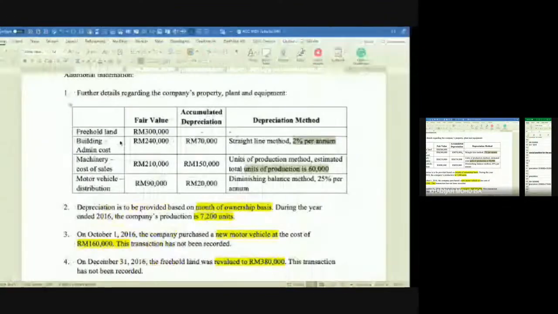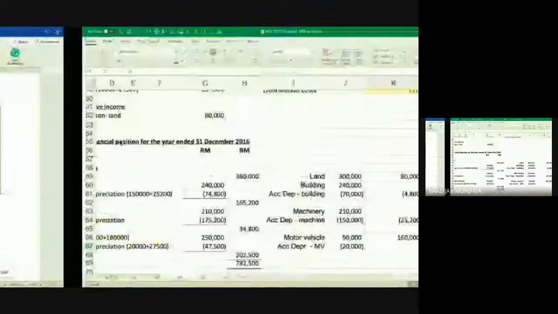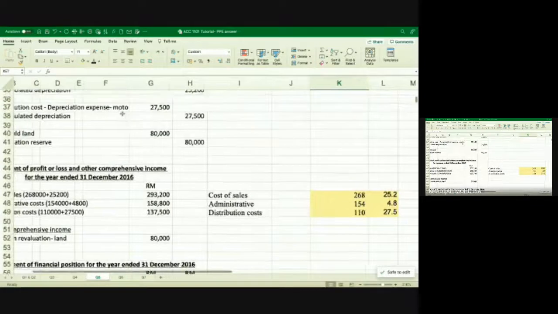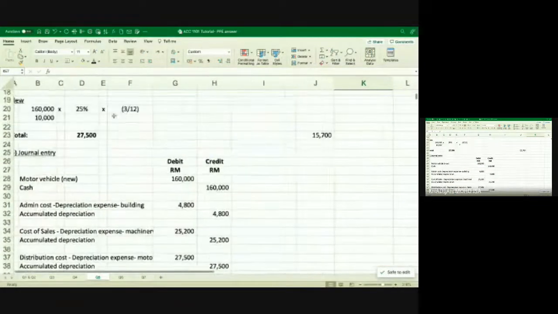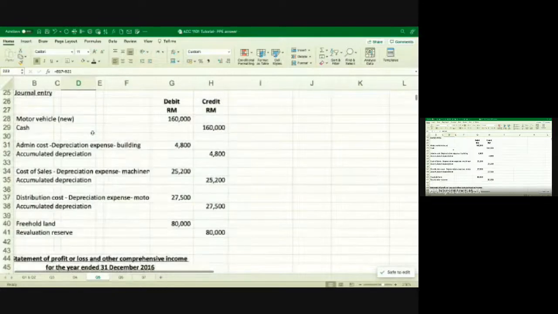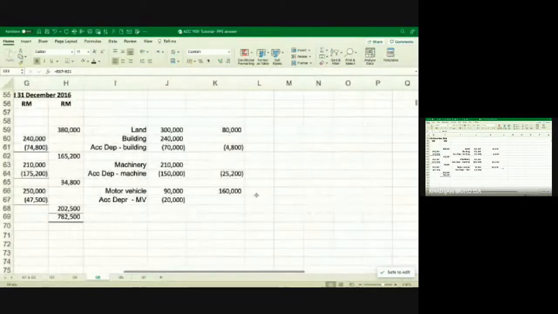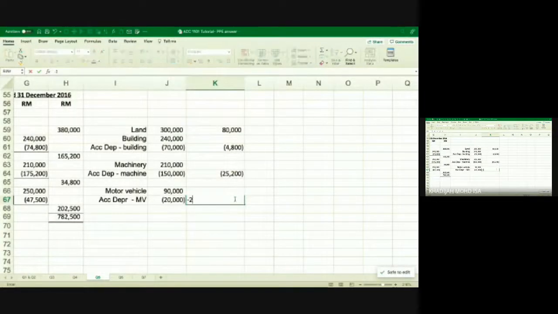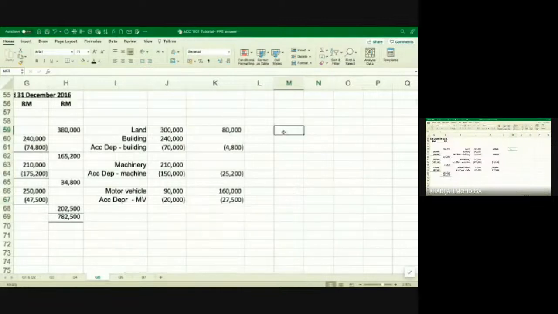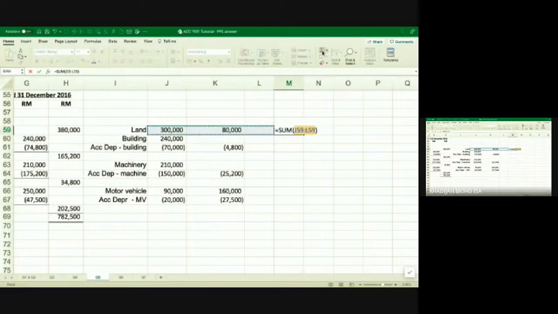Then you add another. How much you add? I think that is 27,500. The motor vehicle, the new and the old. So during the year, you have additional 27,500. Okay. So once you have all these, then only I put in what is the total for all.